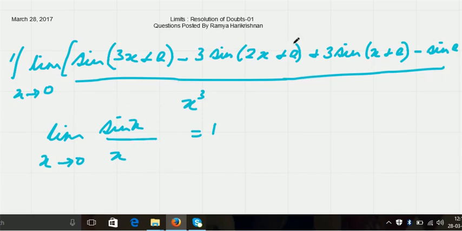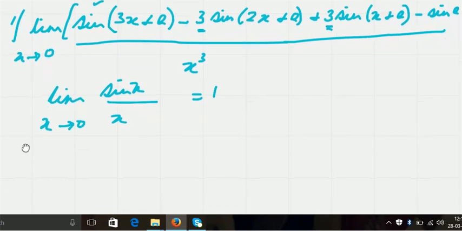To begin with, we will have to club these four terms. We see there are 3 here and 3 here. So we club the first term and the fourth term, and the second term and the third term.